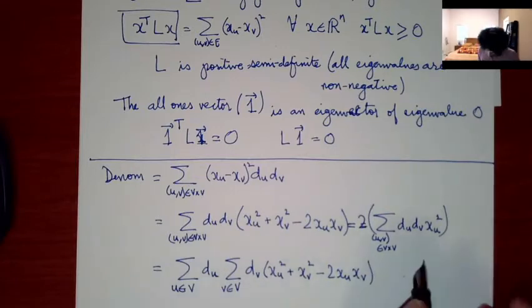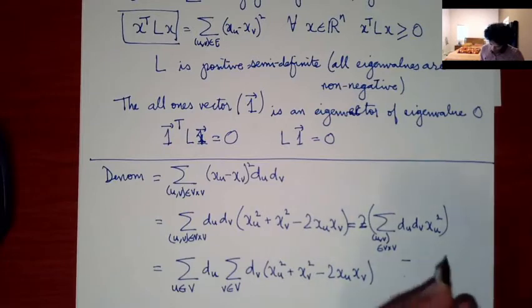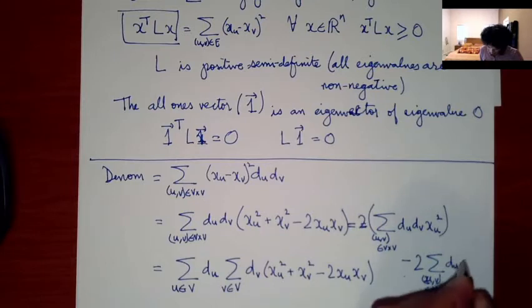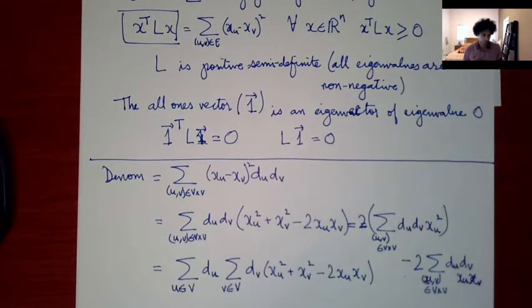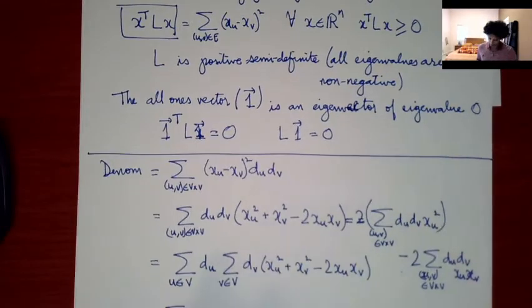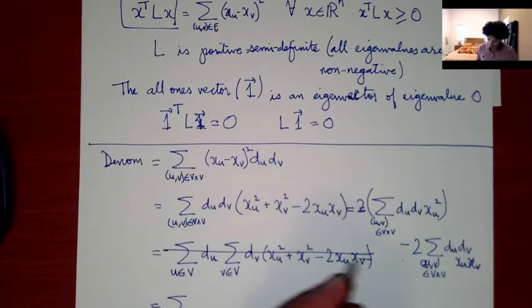And then I get this additional term of minus 2 times the summation over u, v in V cross V of du dv xu xv. Right, du dv xu xv. So sorry, let me ignore this thing that I wrote here.